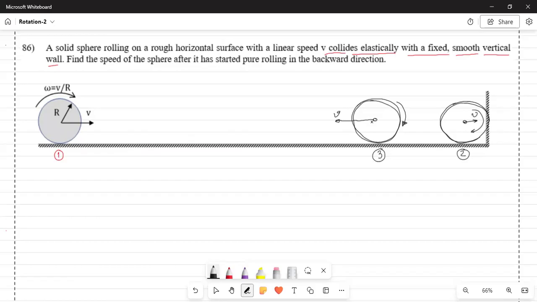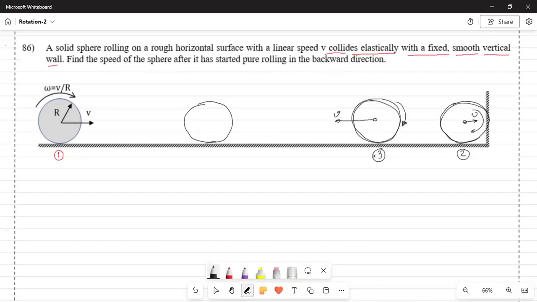After some time, a fourth position will come when they cancel each other and then it will start rotating in the opposite direction. Find the speed of the sphere after it has started pure rolling. That means in the fourth position we have to find the answer.